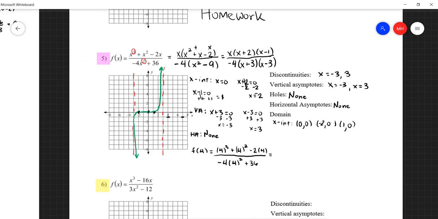This is going to get us negative 18 over 7, which is equal to negative 2.57. So when x is 4, I'm somewhere down here, negative 2.57.